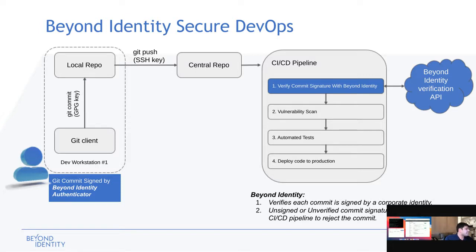The next thing I'm going to do is configure my local Git repository to use the Beyond Identity authenticator to automatically sign my Git commits in the background. So I'm just going to find my repo, click configure, and I'm done. Developer setup is now complete. So a developer can do their normal workflow without having to worry about any other configuration.